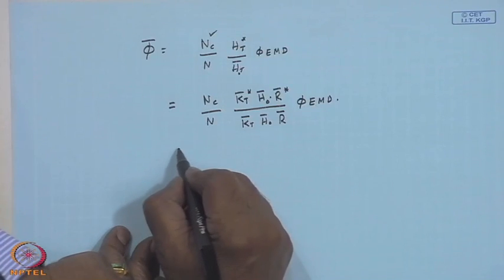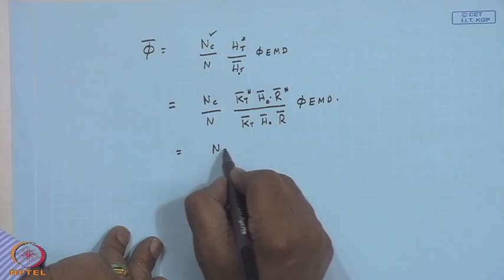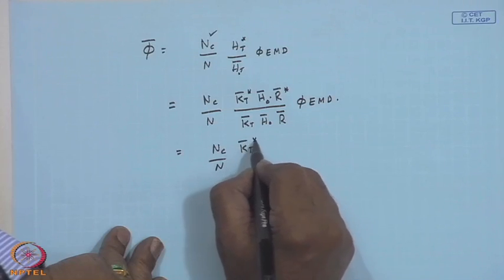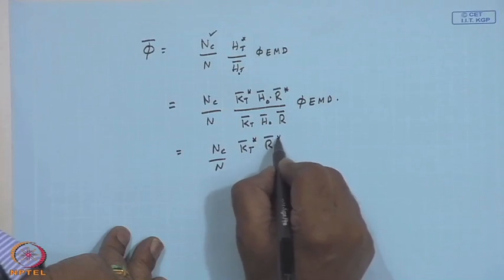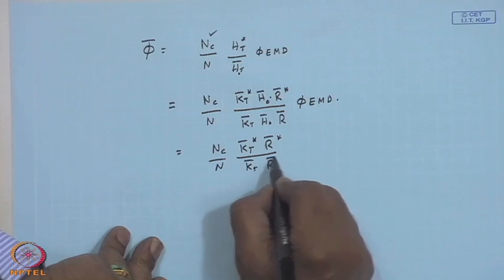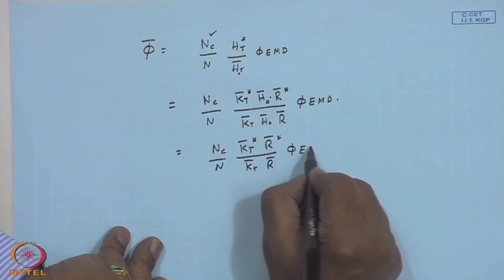So, this shall be equal to NC by N times KT bar star R bar star by KT bar R bar phi EMD.